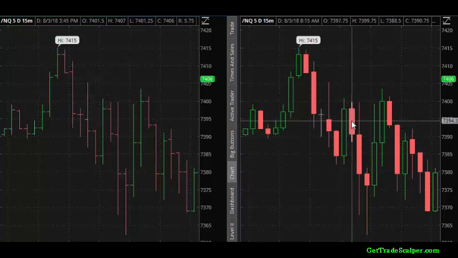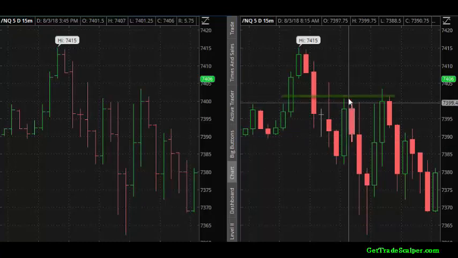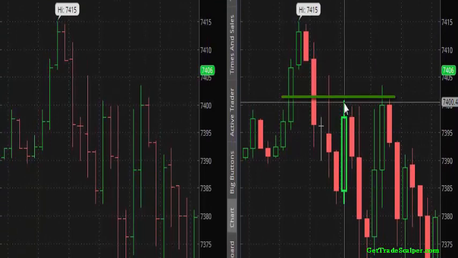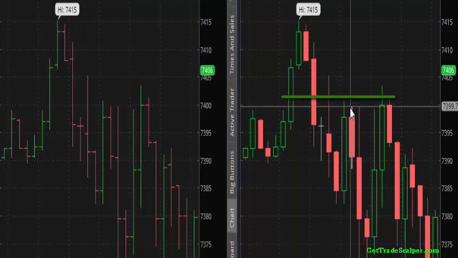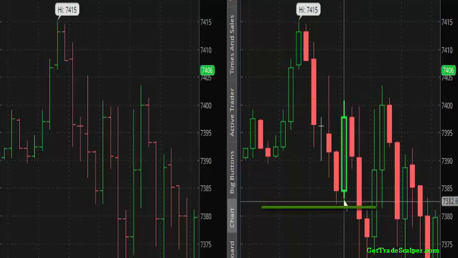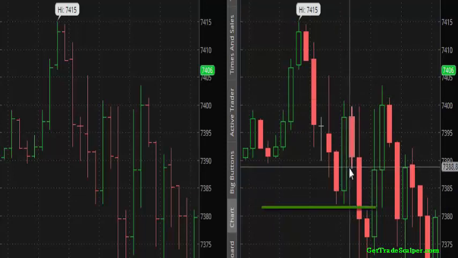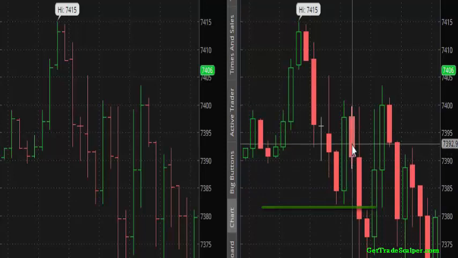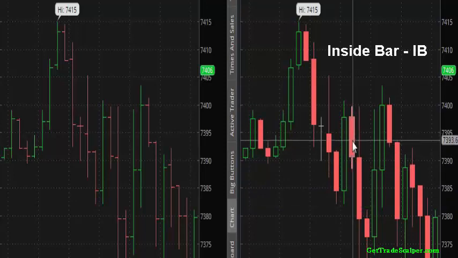But look what happened. The next bar, we get an inside bar. You see that? Where this bar's high is higher than this bar's high, and this bar's low is lower than this bar's low. And so that's considered an inside bar.